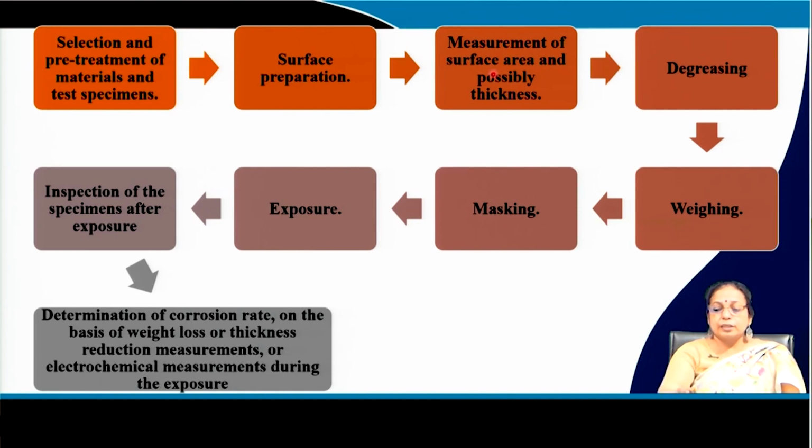So, you have to measure the surface area, then clean the surface, then weigh it, then go for masking if needed. If you are interested in the corrosion behavior of a localized part of the component, you have to go for masking, then exposure, and then inspect the specimen after exposure and determine the corrosion rate.